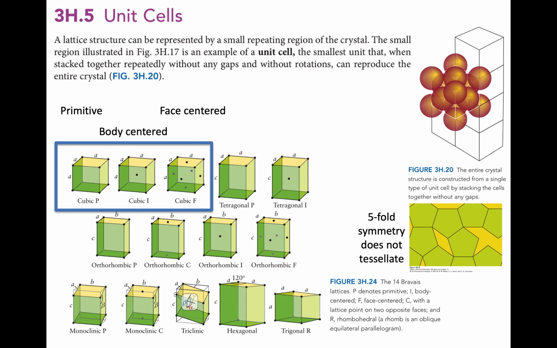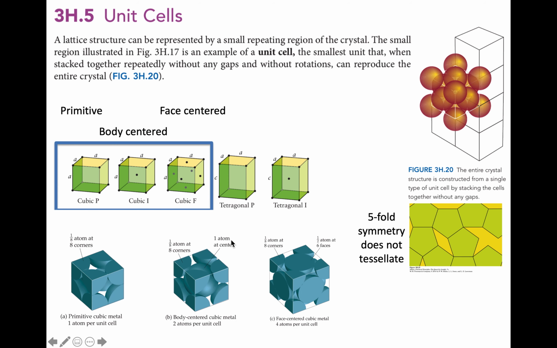When we then look at how specifically they are constructed, we brought up three different unit cells that we were interested in, all different aspects of ones that were cubic. And one thing that we did was account for how many atoms were contributing to the unit cell. Now, I don't mean an atom when I say it's 1/8 of an atom on the corner. I don't think I've cut the atom in half.